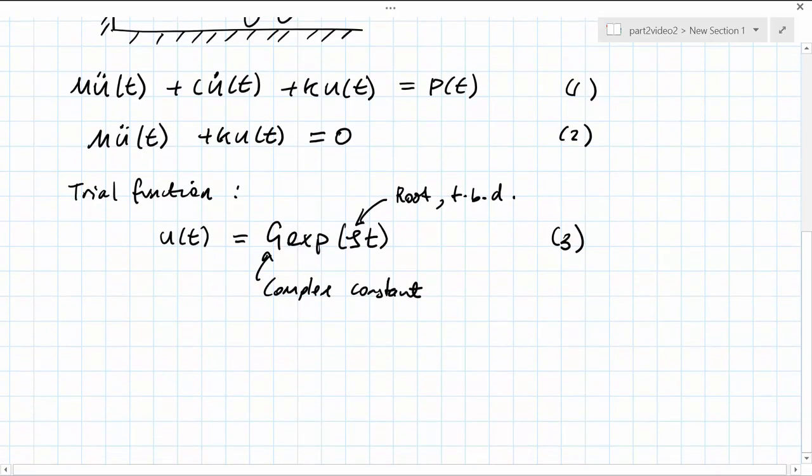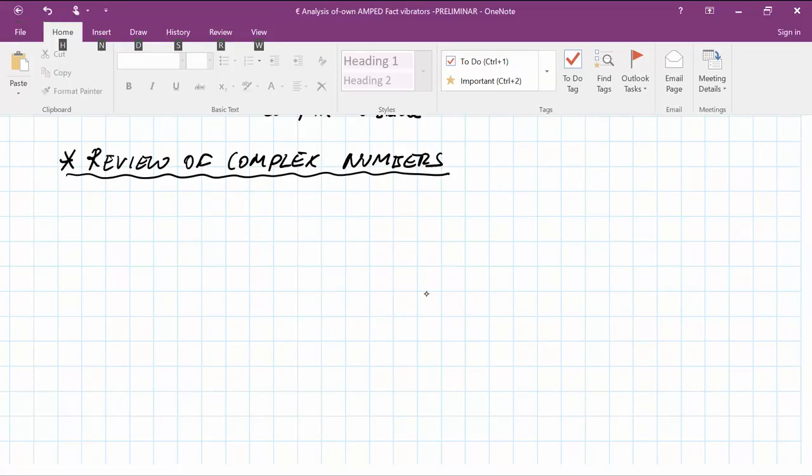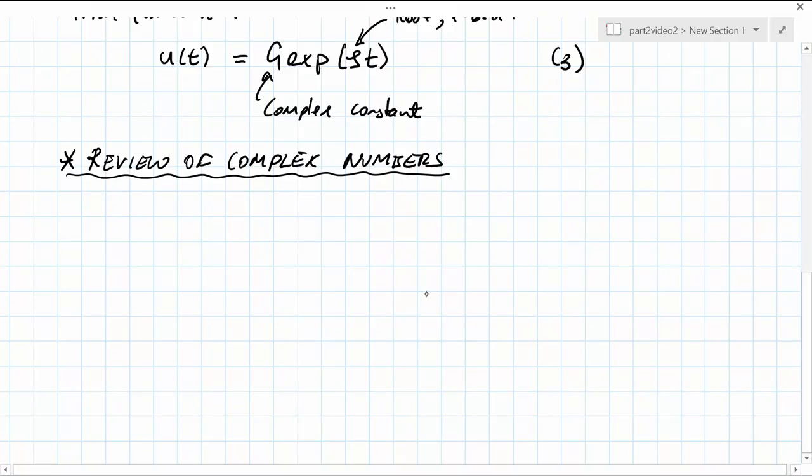Before proceeding with this, we need to better understand complex numbers, which we will use in this and later sections of the course. The constant g used in equation 3 is a complex constant and has the form g equal to the real component, g_r, plus i times g_i, which is the imaginary term.